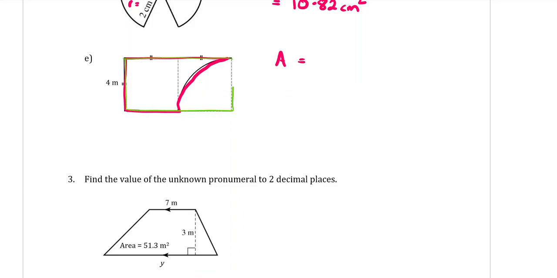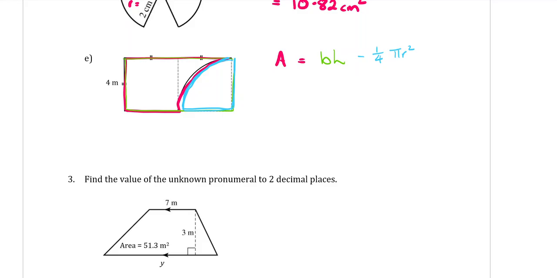So I want the area of that rectangle, which would be base times height. Then I'm going to subtract off this quadrant, this quarter of a circle here that I don't want. Now, because it's a quarter of a circle, I could use my sector formula, but it is faster if you just go, I have a quarter of pi r squared. If you use the sector formula, it means you'd have your theta over 360 times pi r squared, and your theta would be 90 degrees. You get the same result.